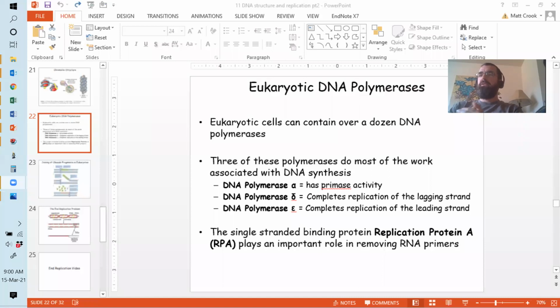Okay, so the job for today is to finish off DNA replication in eukaryotes, which is largely similar to prokaryotes, but with a few added wrinkles.